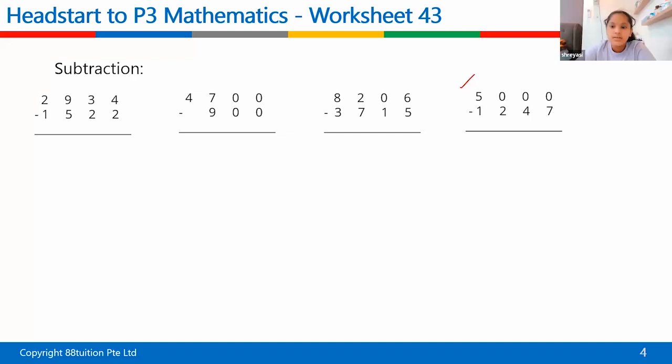We cannot borrow anything from the tens column or the hundreds column. So the hundreds column will first have to borrow 1 from the thousands column. So the thousands column 5 will be crossed out to 4, and the hundreds column 0 will be crossed out to 10.